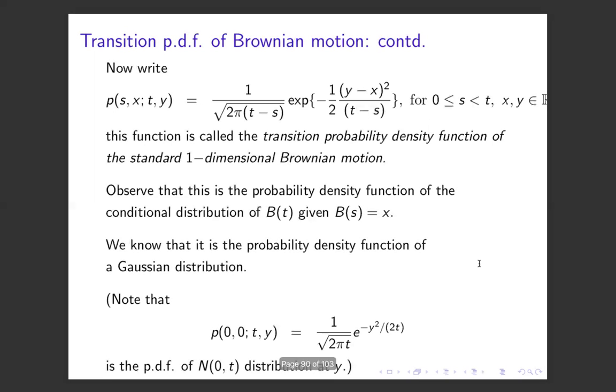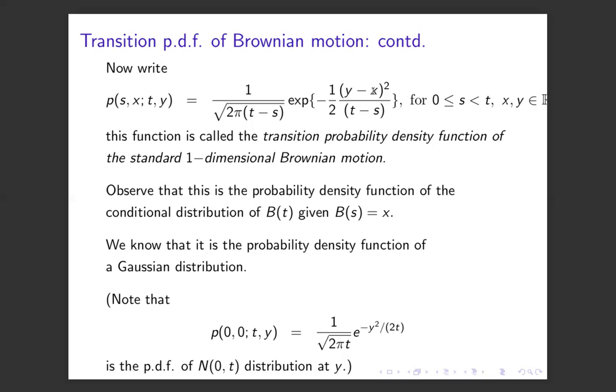Okay, now look at this function. If you differentiate this with respect to t, since it is a function of t minus s, and of course y minus x, the derivative with respect to t will be the negative of the derivative with respect to s.